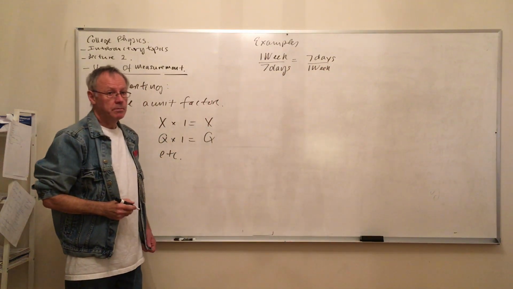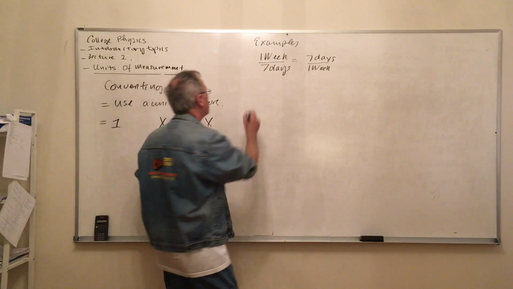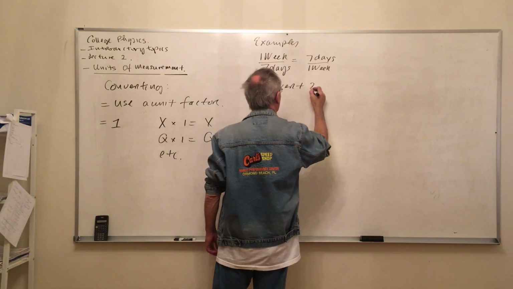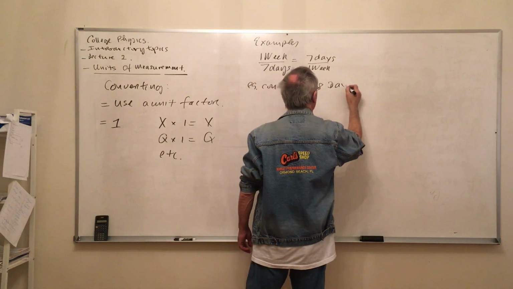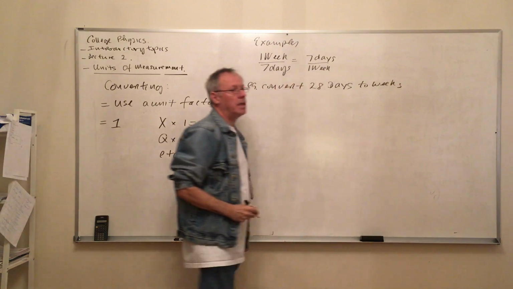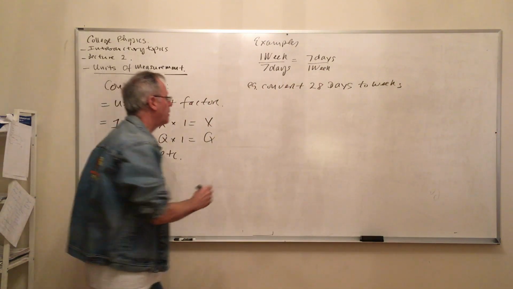A week is a unit factor. Convert days to weeks. Now we know 28 days is 4 weeks, but so what? Let's do it.